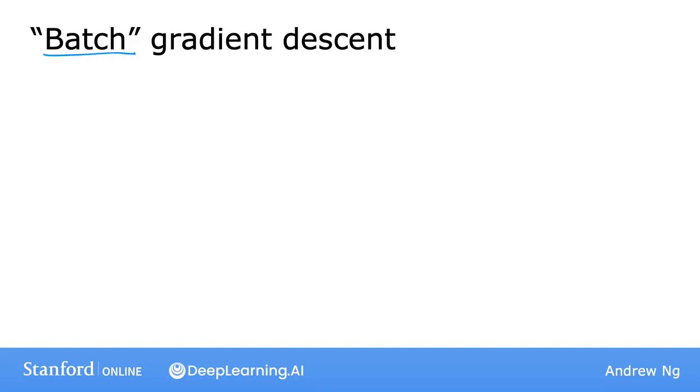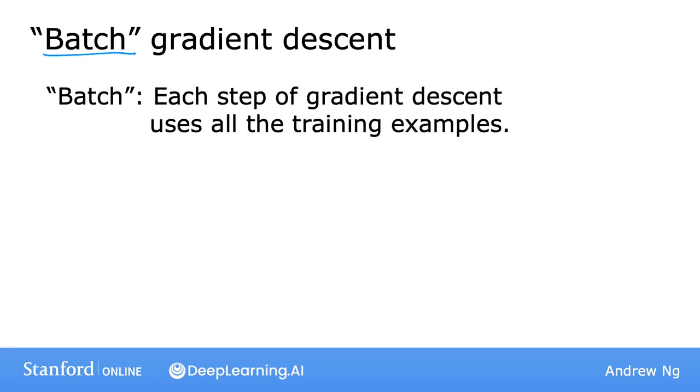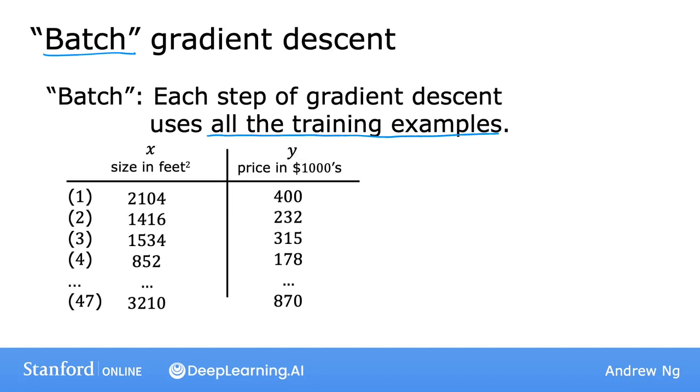To be more precise, this gradient descent process is called batch gradient descent. The term batch gradient descent refers to the fact that on every step of gradient descent, we're looking at all of the training examples instead of just a subset of the training data. So in computing gradient descent, when computing derivatives, we're computing the sum from i equals 1 to m.